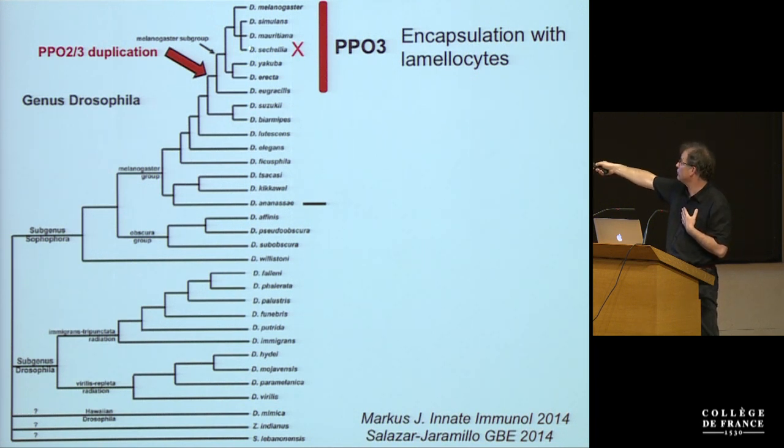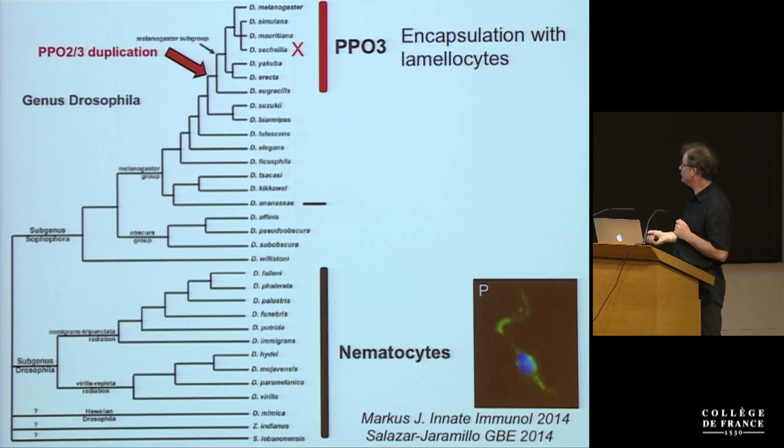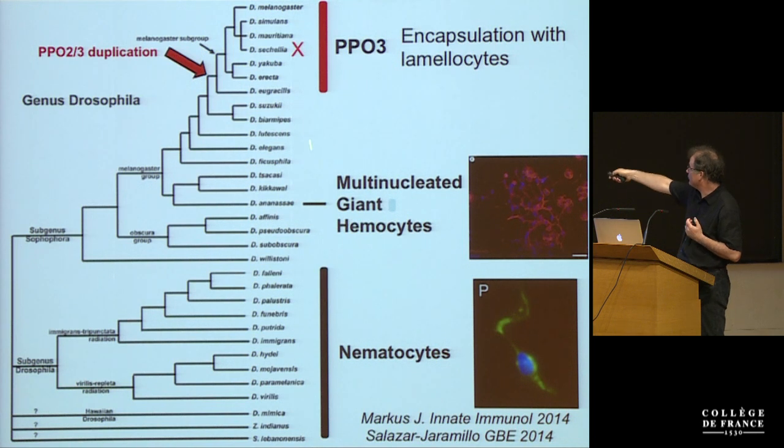Why? Because Drosophila sechellia is a species that lives on a toxic fruit. It has a very specific niche, and in this toxic fruit, there is no parasitoid wasp. So, of course, you have relaxed selection, and they have lost PPO3 in this species. In other Drosophila species, insects have developed other mechanisms, in which hemocytes fuse together to make very big machinery that can then start to encapsulate the parasitoid wasp.